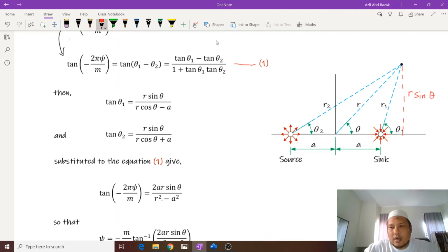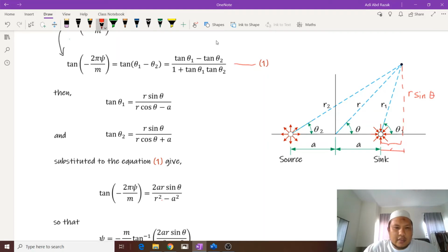The tangent of theta 1, the tangent of this angle, is r sine theta divided by this distance. The given distance is r cos theta minus a.